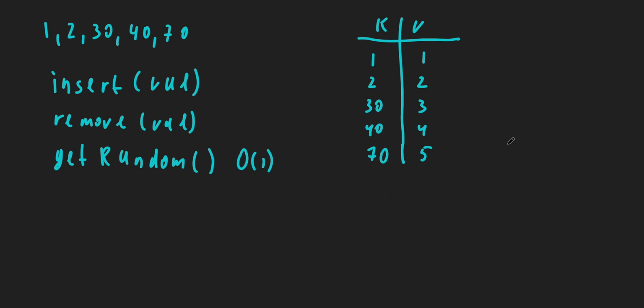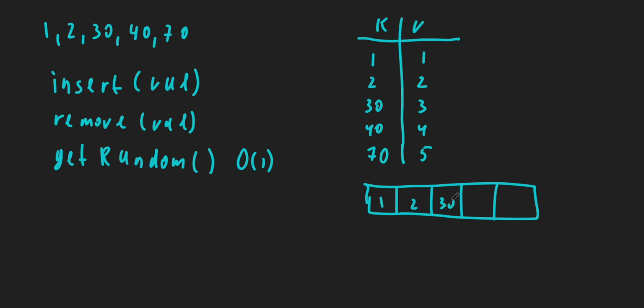To do that, we are going to maintain one more data structure. We are going to maintain an array where we are going to store our values, for each index. For example, in the 0 index we are going to store 1, then 2, 30, 40, and 70. So when we are calling the GetRandom function, we are randomly choosing an element.